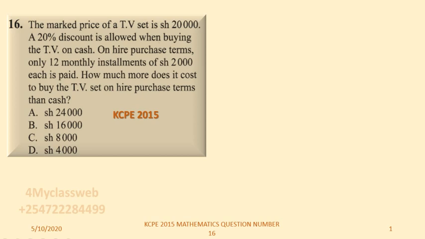So if you can check that video, you'll find this similar topic has been analyzed, and it is about hire purchase and cash price. The subtopic is coming from the main topic on money, and this work was covered in class 7. Those who normally use the Jomo Kenyatta Foundation textbook, that is the Primary Mathematics, the work is available on page 165.